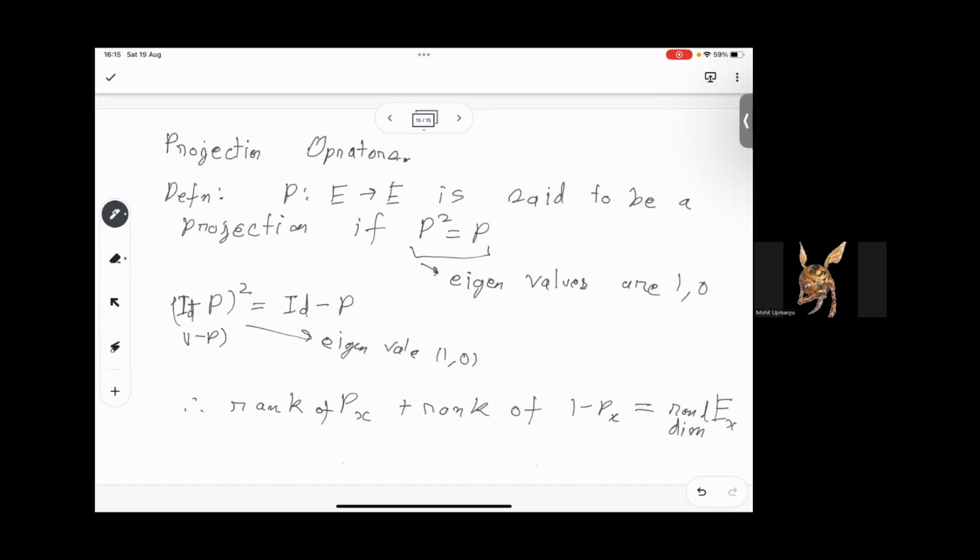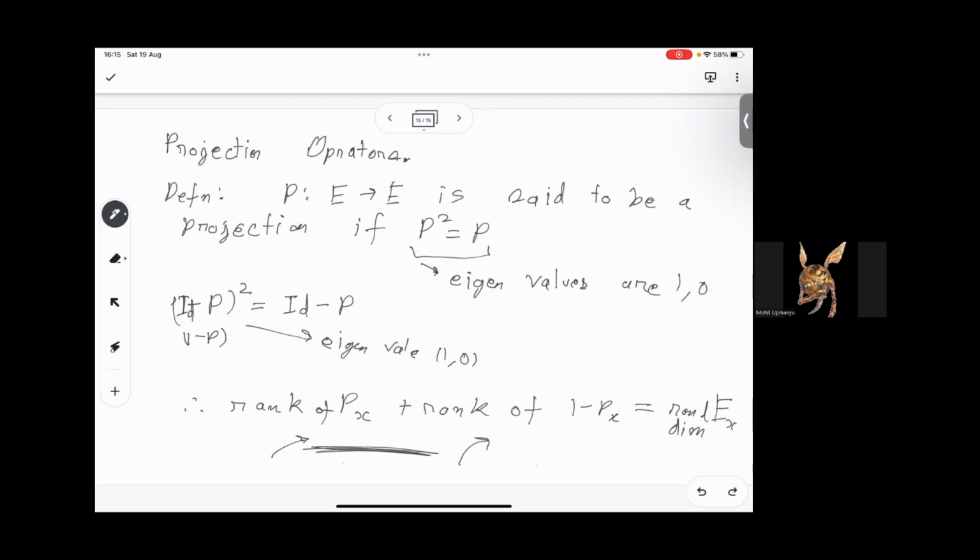Now remember, we also proved, though I didn't write it as a separate lemma, that rank is upper semi-continuous. So the rank of this will increase in a neighborhood, while the rank of this will also increase in a neighborhood. But irrespective of which point it is, the sum is always the same.